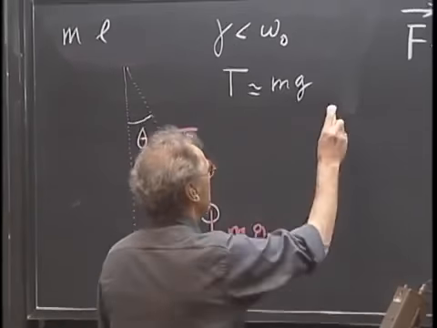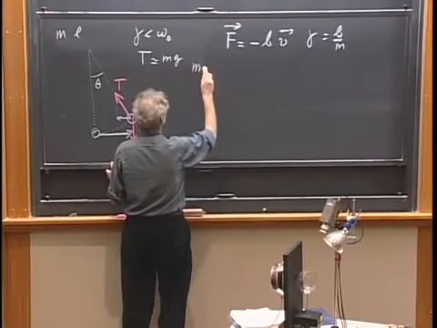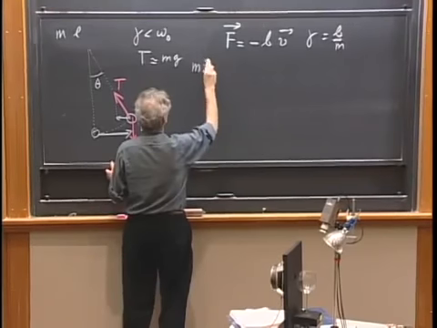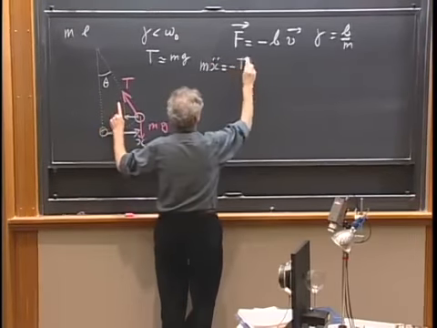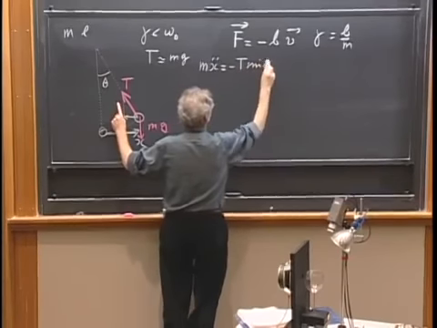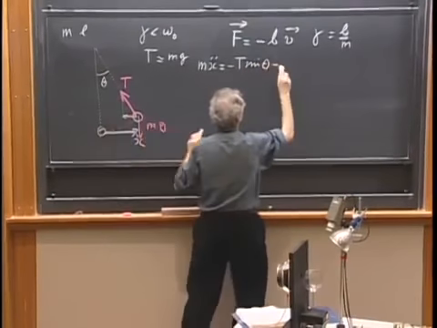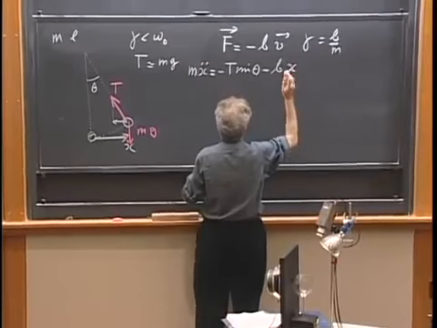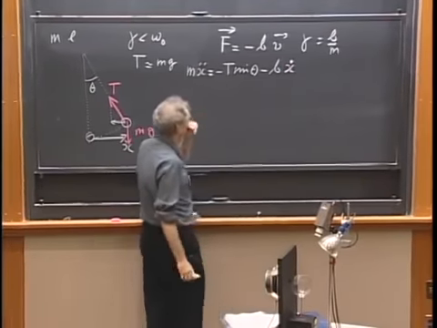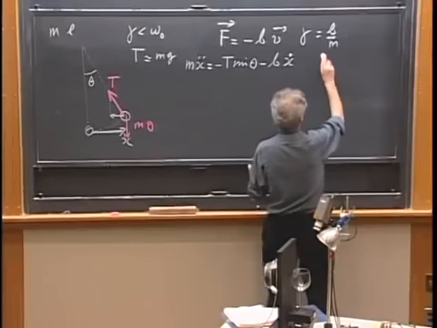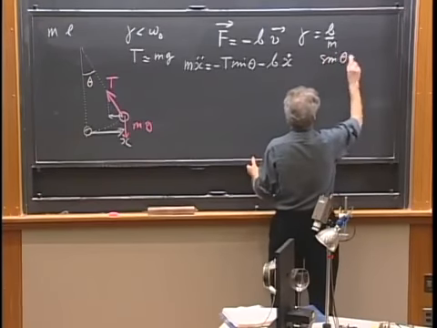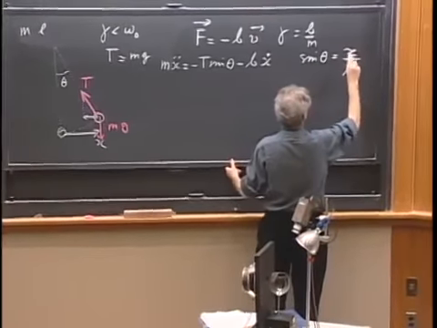So the differential equation, in terms of Newton's second law, becomes m x double dot equals minus T times the sine of theta minus b times x dot. That's the damping, and this is the restoring force due to the tension in the string. And the sine of theta is x divided by L.